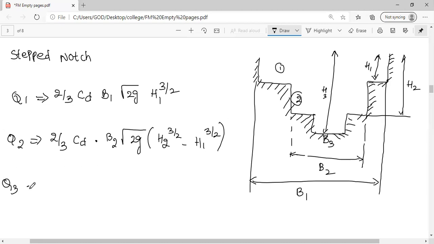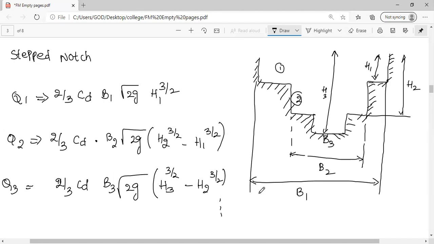So Q3, if you write, the terms are the same, but to avoid confusion I'll write B3 and root 2G into, and now what will be here? H3 power, sorry, it is 3 by 2, not 2 by 3, minus H2 power 3 by 2. And so on. Any number of steps you can solve in the case of a step notch.